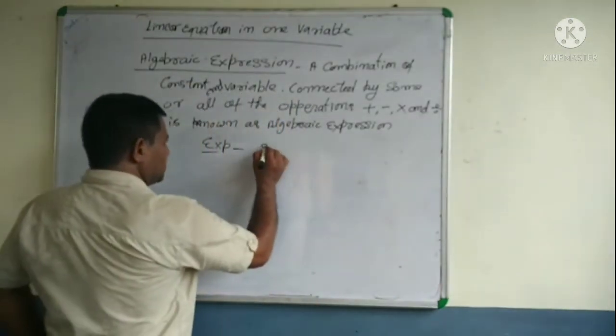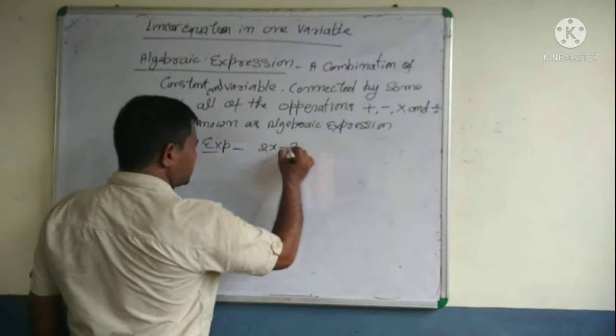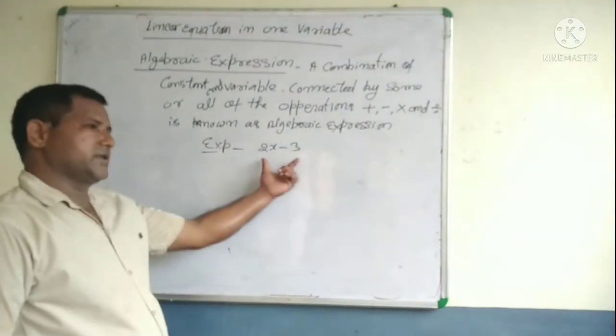It is 2x minus 3. It is an algebraic expression.